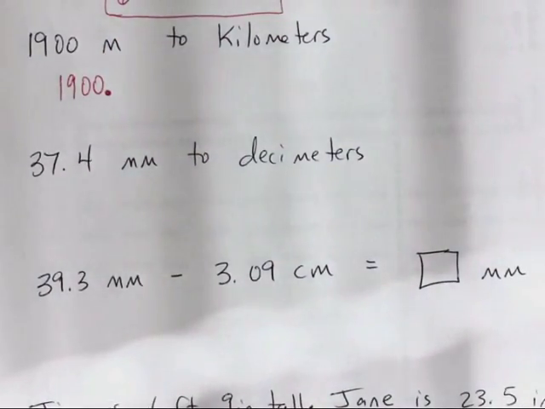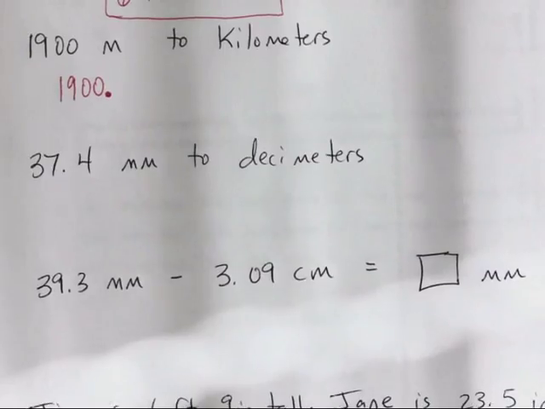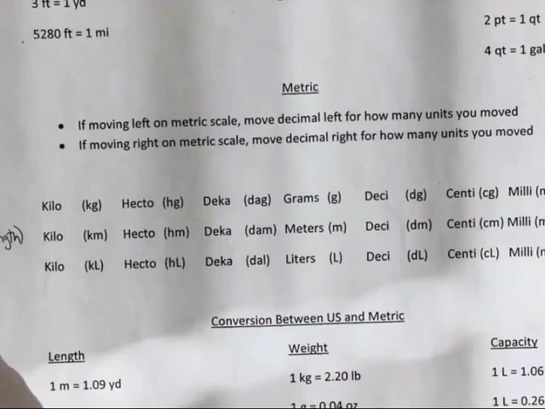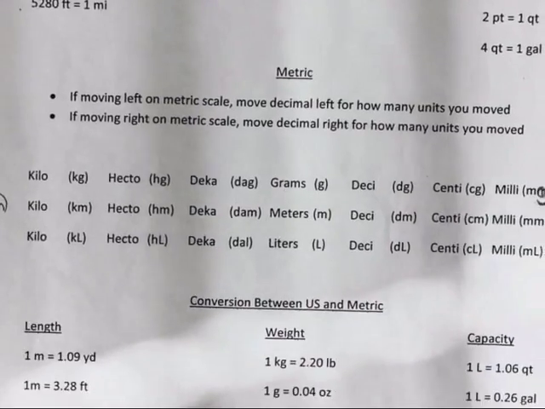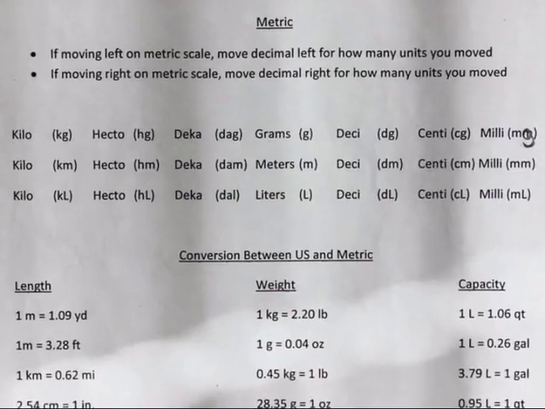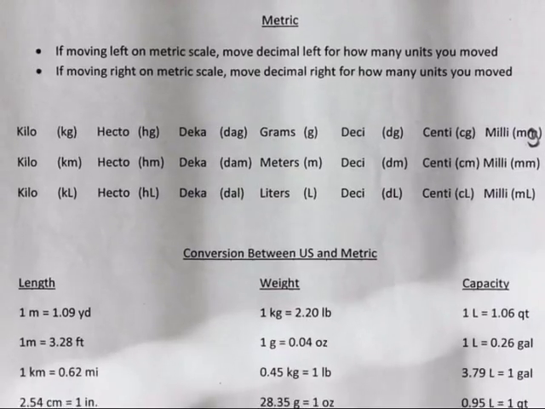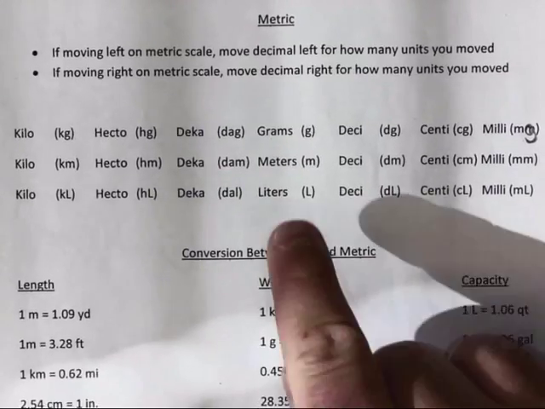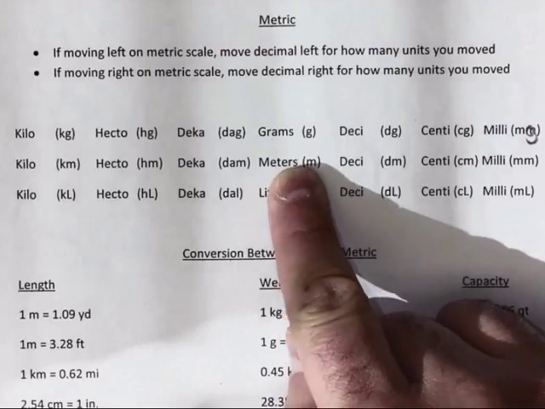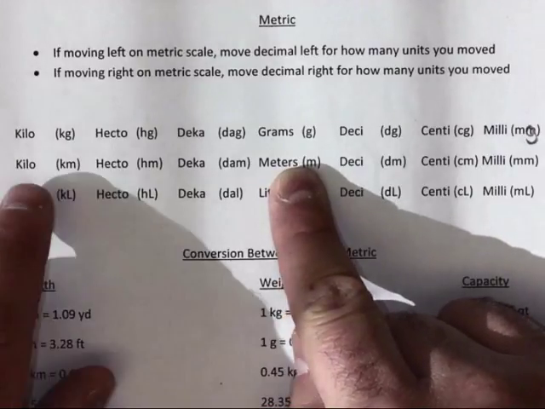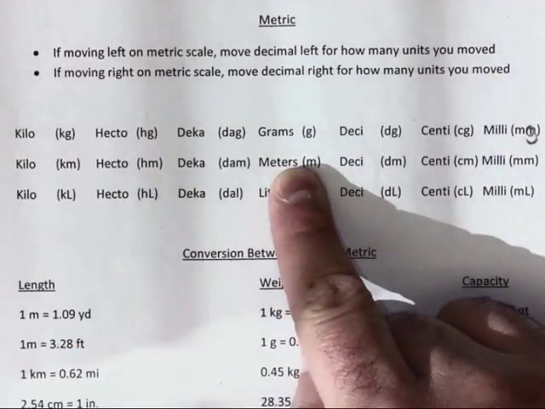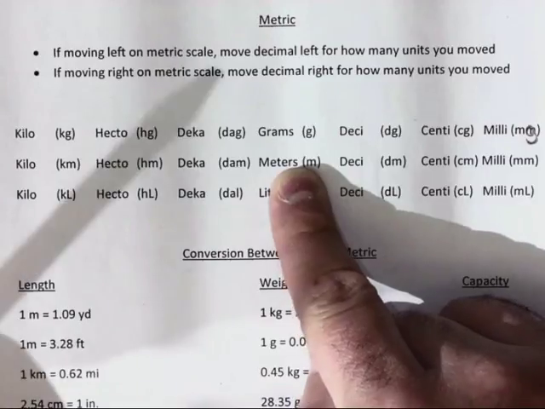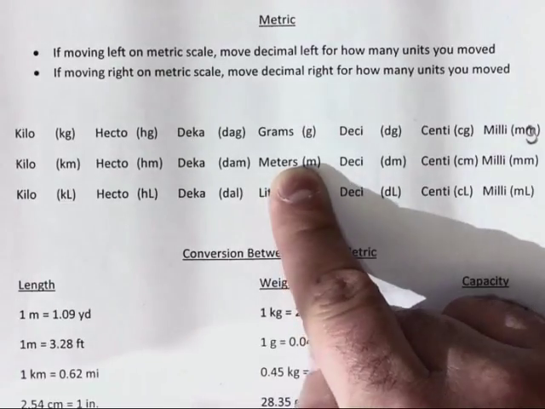Find the decimal. Okay. Next step, look at your metric system conversion sheet, right? And so find the unit that you're given. So we're given meters. So I'll put my finger there. And I'm trying to go to kilometers, which is right here, right? So how many places am I going to move my decimal?